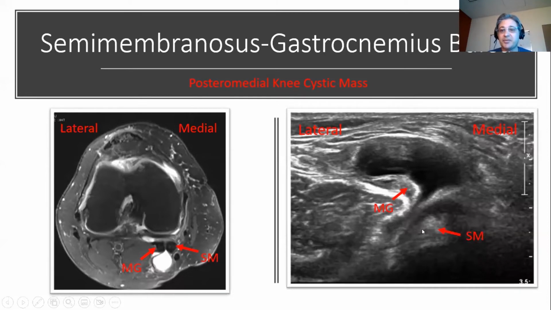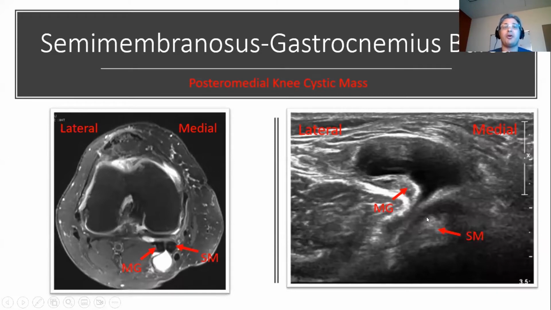Bakers make M&Ms. And as very nicely demonstrated in this case, this cystic mass along the posteromedial aspect of the knee has a small tongue of tissue. A small portion of this mass is insinuating between these two tendons.